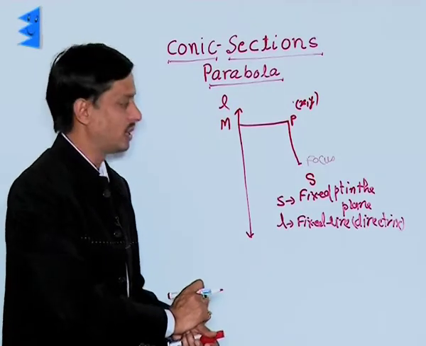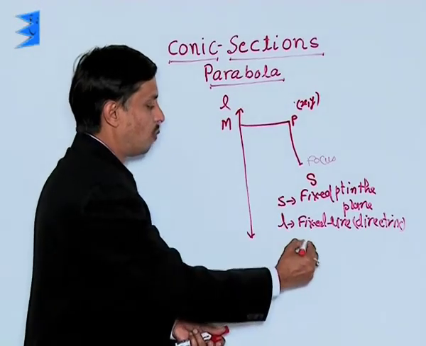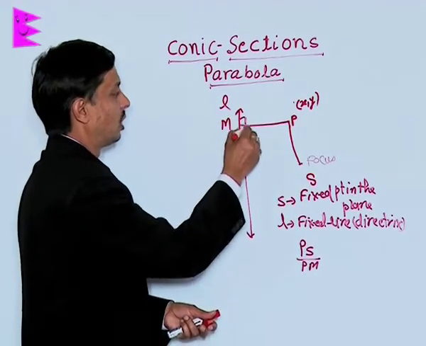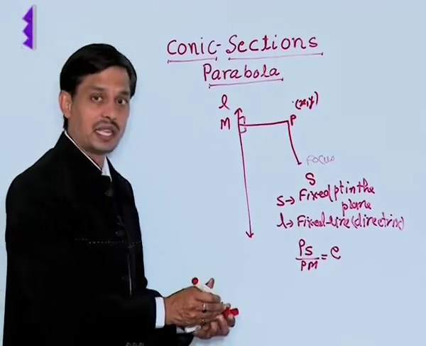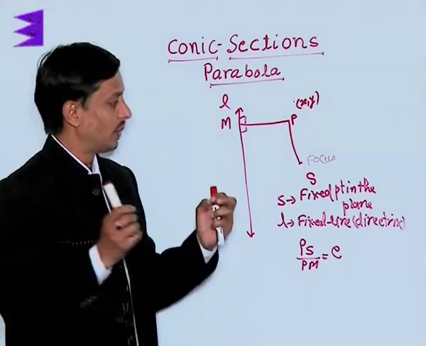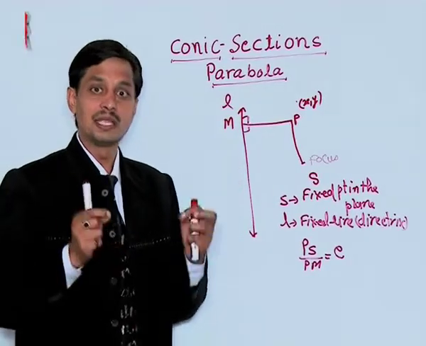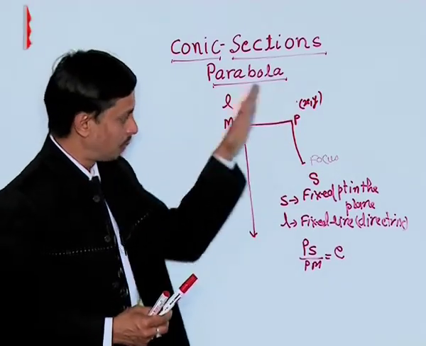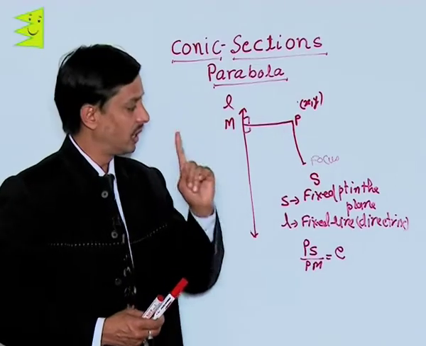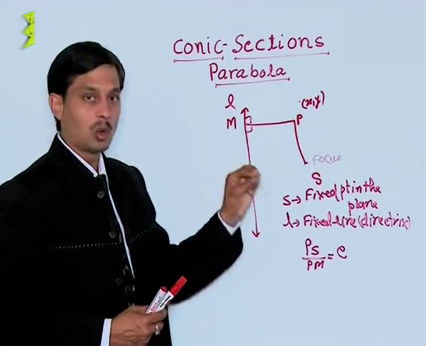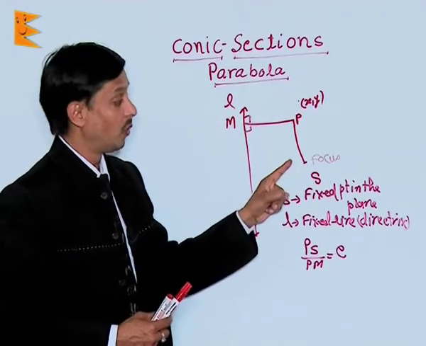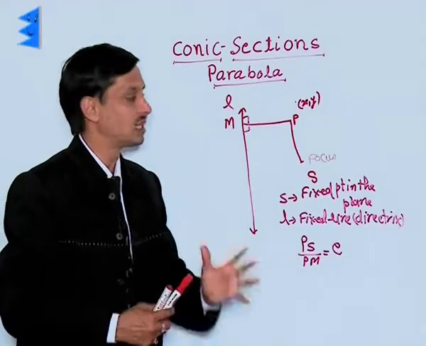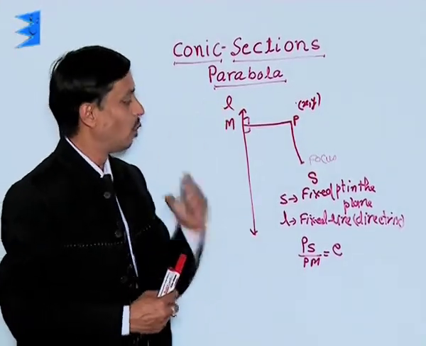So the fixed point so chosen in the plane is known as the focus, the fixed line is known as the directrix, and the ratio of the distances of the movable point from the fixed point and the fixed line is known as eccentricity. So the definition of the conic section or conic is that if a point moves in a plane in such a way that it bears an equal ratio of distance all the time from a fixed point and from a fixed line, then whatever path is described is known as the conic section.